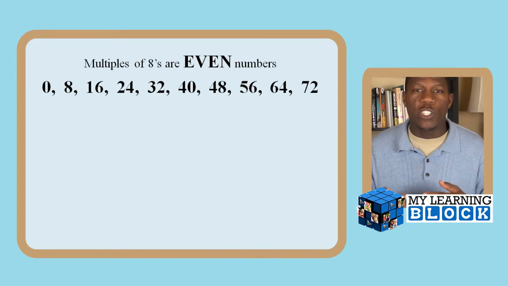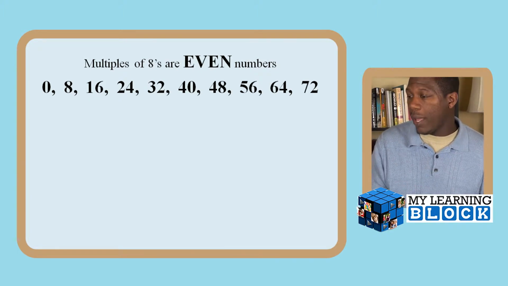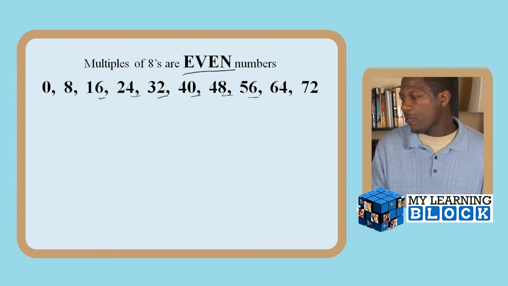So what you want your child to realize is that anytime they multiply a number times 8, the answer is always going to be, and this is 100% of the time, an even number. So you have an even digit in the ones place: 0, 8, 6, 4, 2.